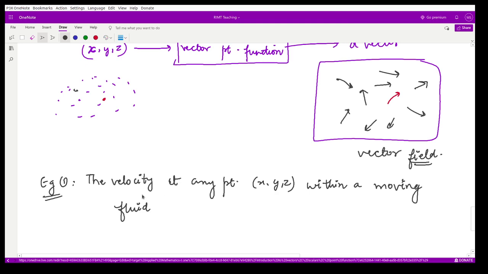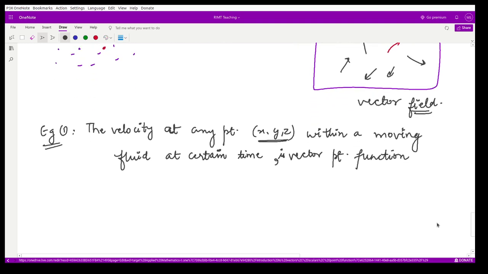So we say the velocity of this fluid at any point x, y, z at certain time. So we are defining a fixed time. For that fixed time, for that fixed position, this velocity will be a vector point function. The velocity at any point within a moving fluid at certain time is a vector point function.